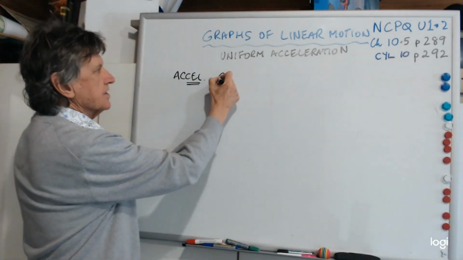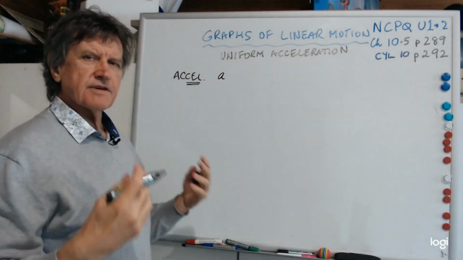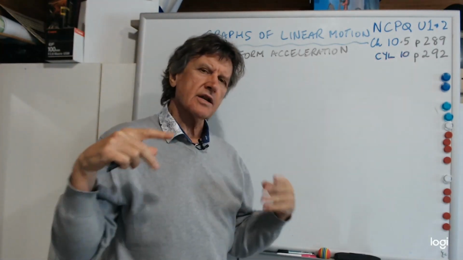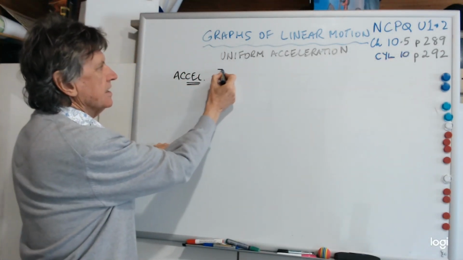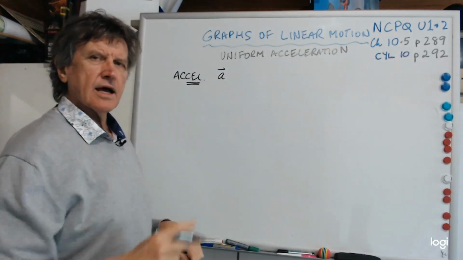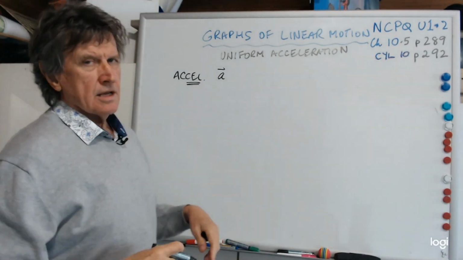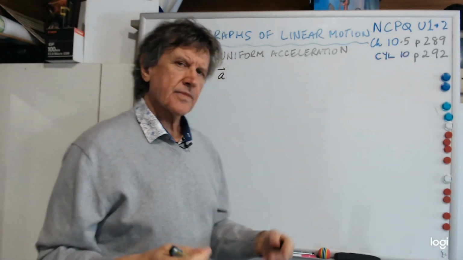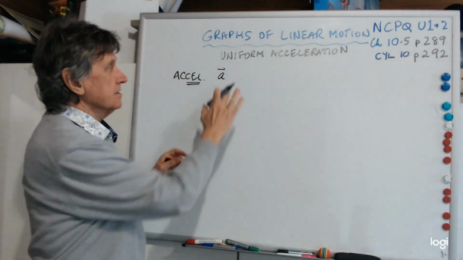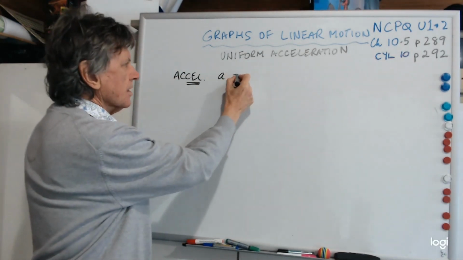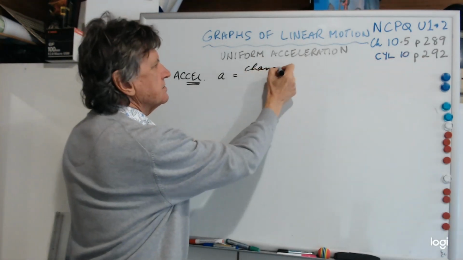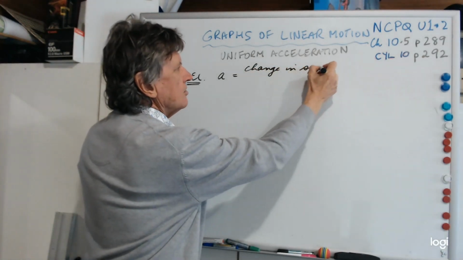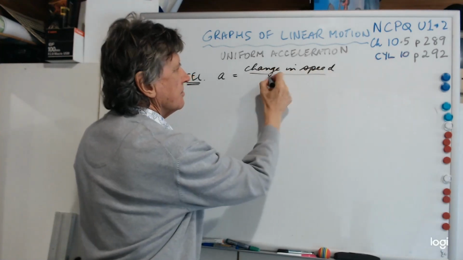So acceleration has the symbol a. Now it's a vector quantity because you can accelerate in a particular direction. So really I should have a little half-headed arrow on top of that. But I'm not going to worry so much about the vector nature of this at the moment, so I'll just leave that out. Now, you would have learnt that it's equal to the change in speed over the time taken.